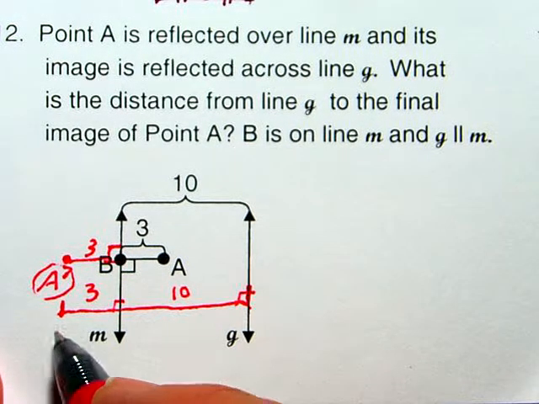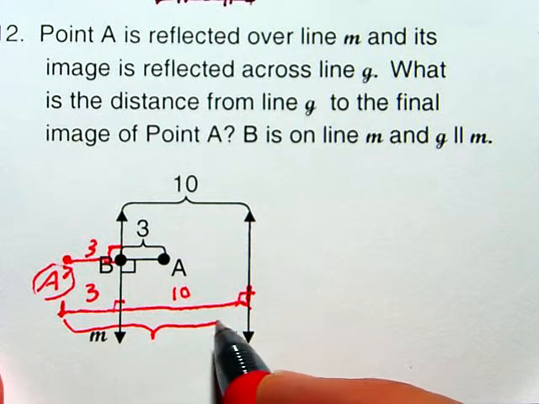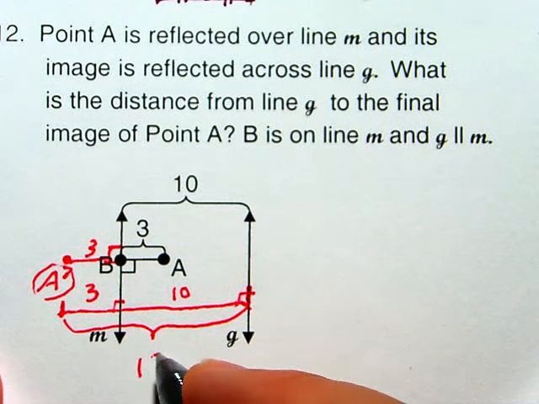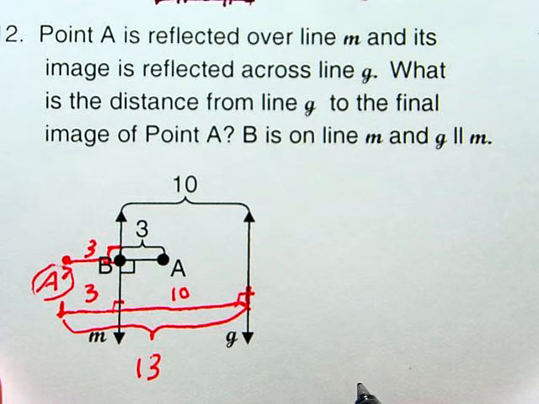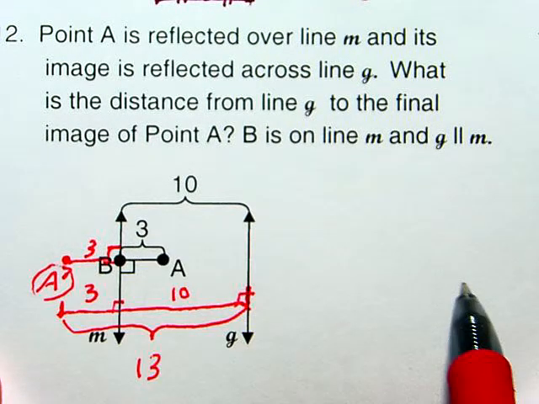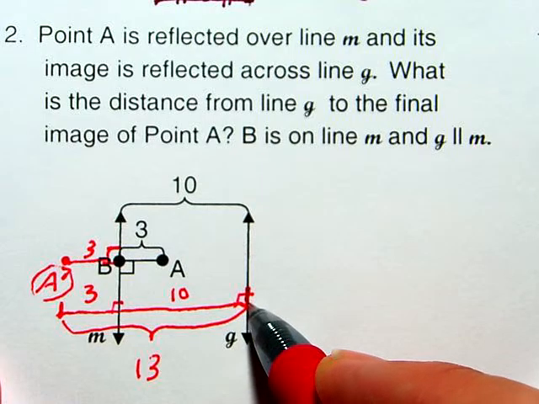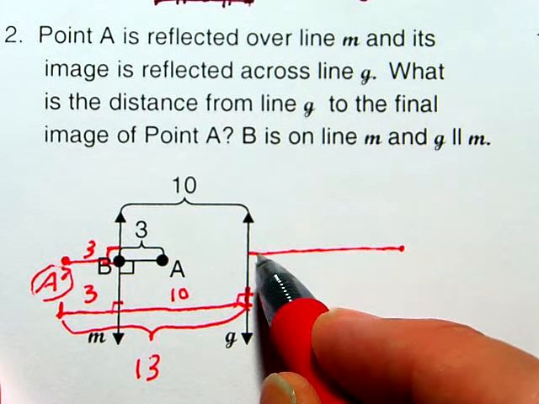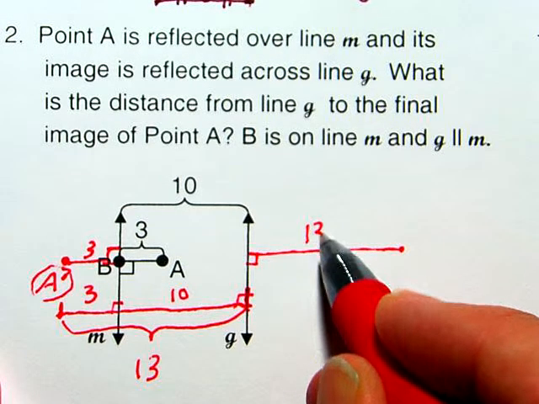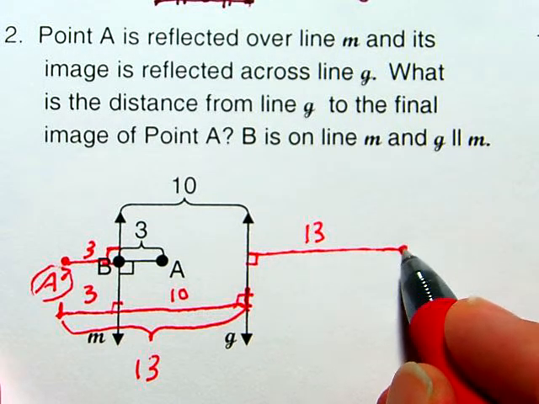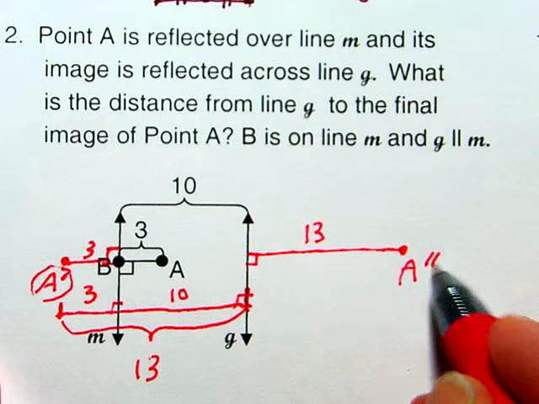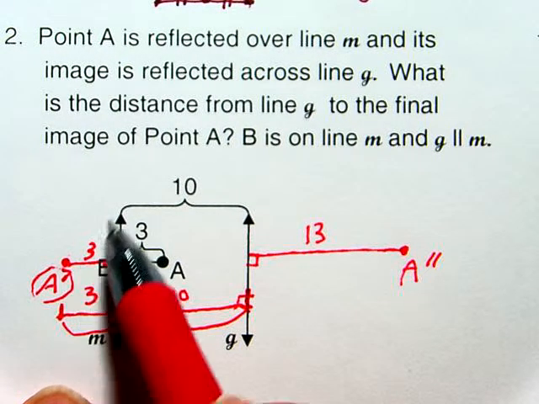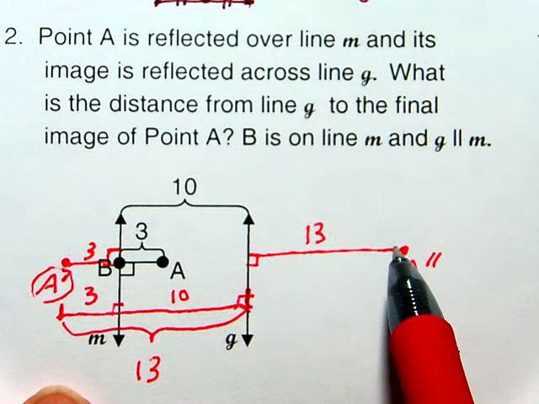So the total distance of point A prime to line G is 13 units. So when we reflect A prime over line G, we are reflecting it on a perpendicular 13 units to the right. This is then point A prime prime. Let's call the image of A prime when it's reflected over G the image A prime prime.